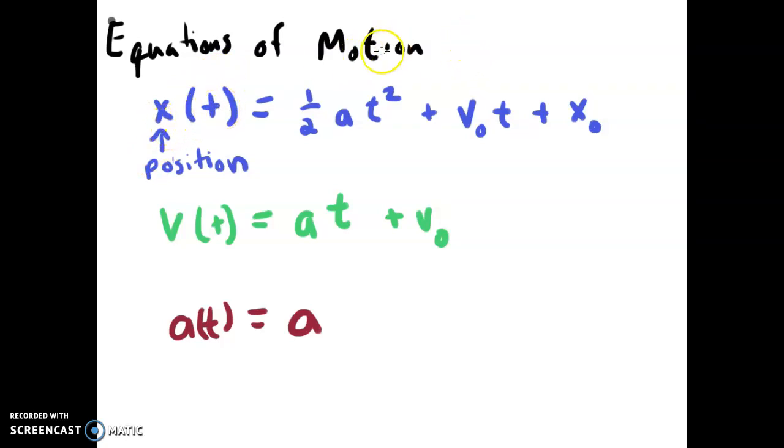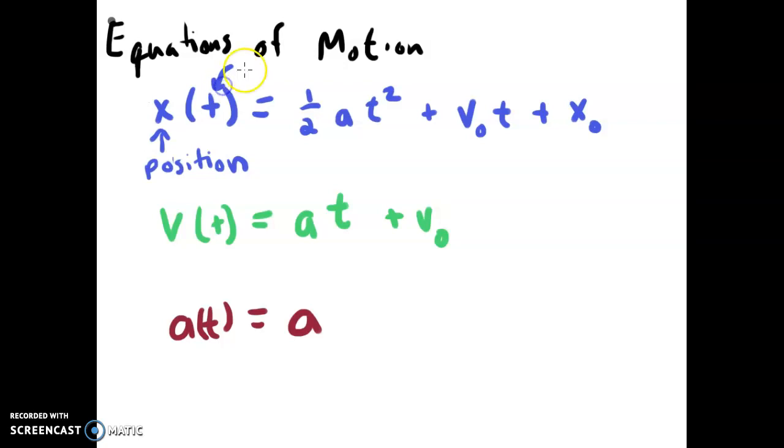Sometimes you might have an equation like y equals mx plus b, as in a line. This is a different kind of x. And we just have to know this from context. Oftentimes in my class, x will be position. Oftentimes in your math class, they're going to be talking about the x-axis.